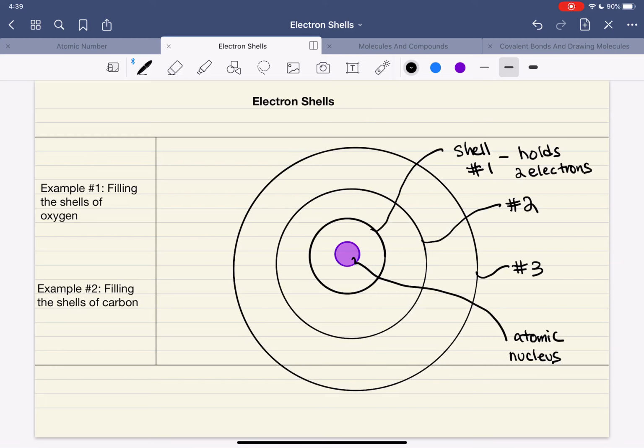And once it has 2 electrons, it's considered to be full. And if you need to add numbers 3, 4, 5, and so on, they would be added to the second shell. Shell number 2 holds 8 electrons, and so does shell number 3.